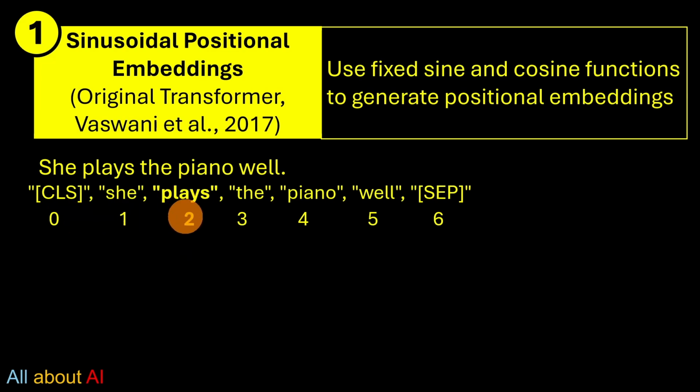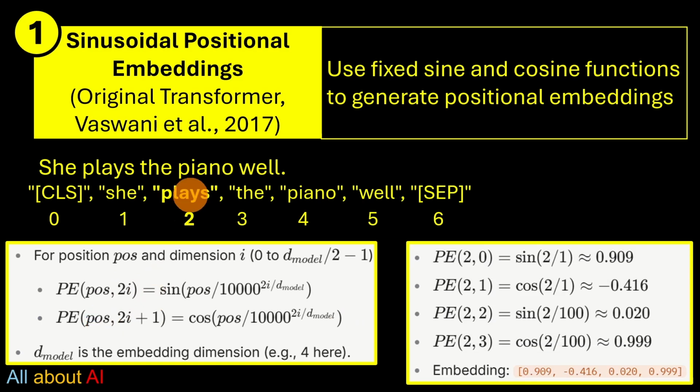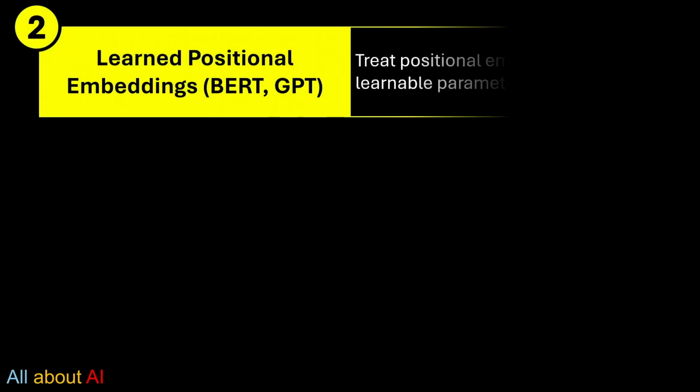Plays here is position 2. Now, this paper shares how these positional embeddings are calculated. So if you just take the example of plays, you can see how the calculation will come, and these are the numbers being derived. So the embedding vector would be like this, and we will see this in our visualization later.